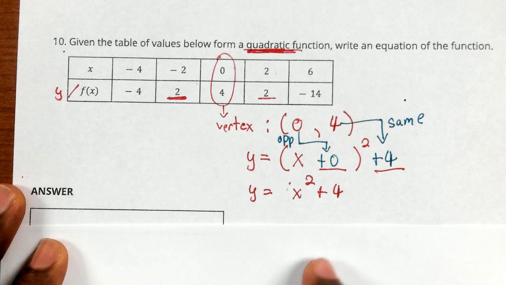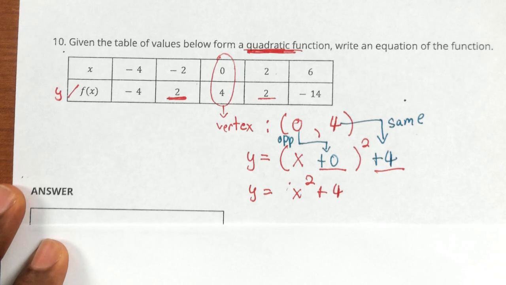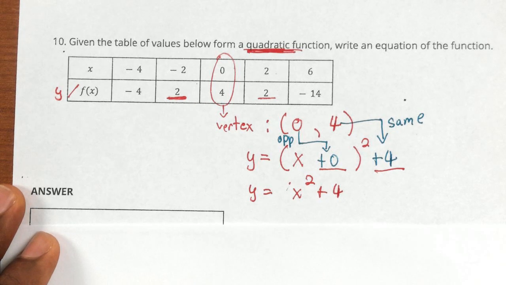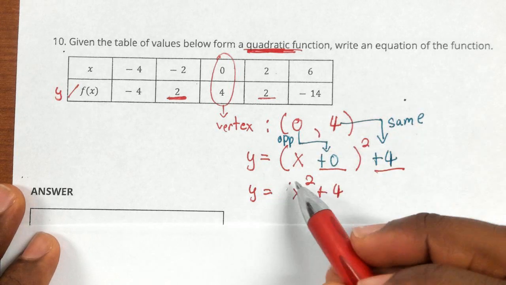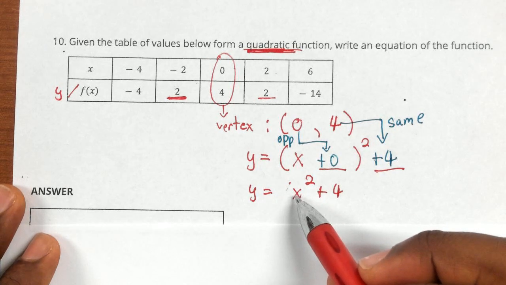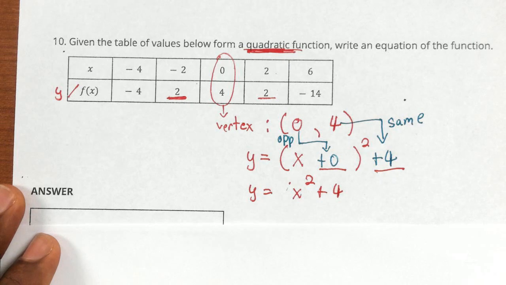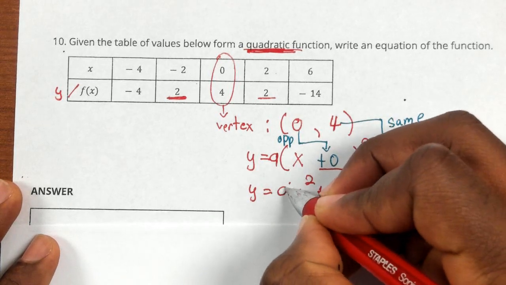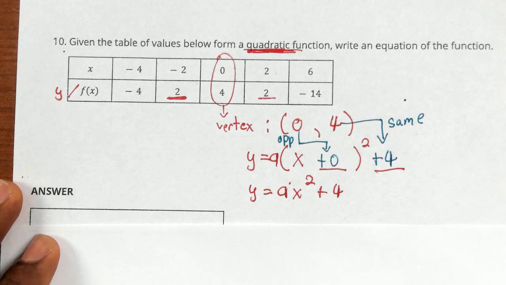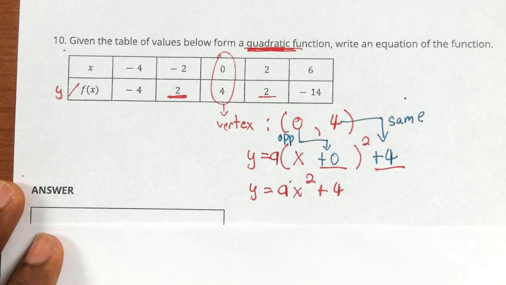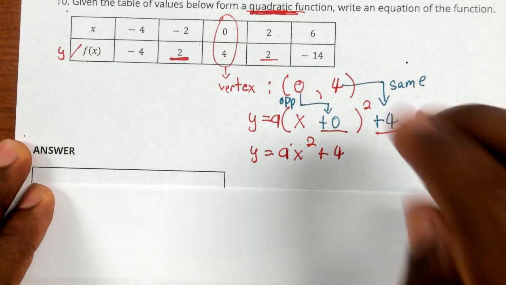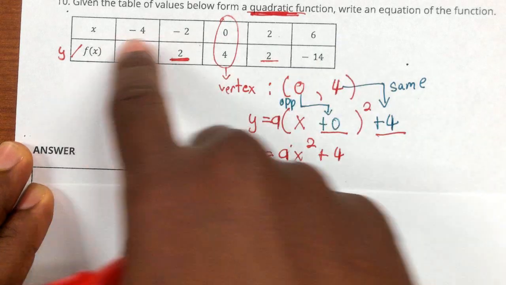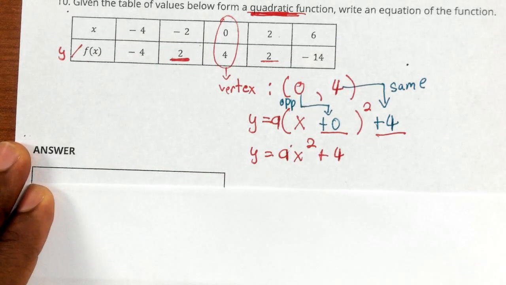However, guys, we don't know if it has a leading coefficient or not. So what I'm going to do is pretend that in front of all of this is a value a. And then I'm going to try to find what that value of a is by plugging in any of these values for x and y.